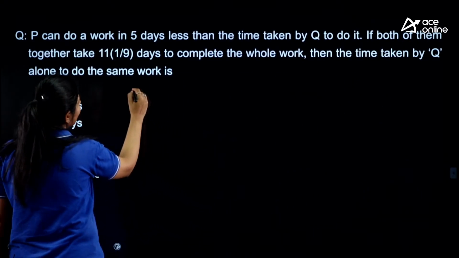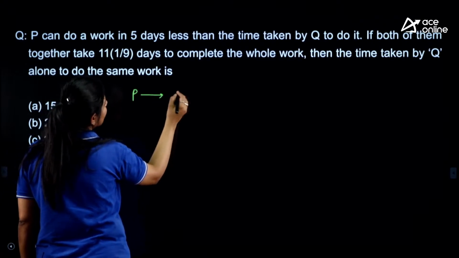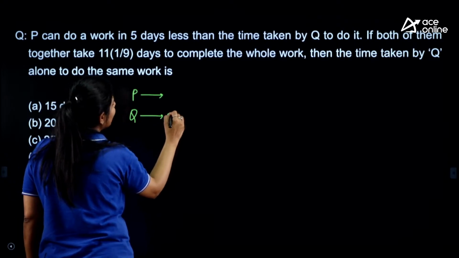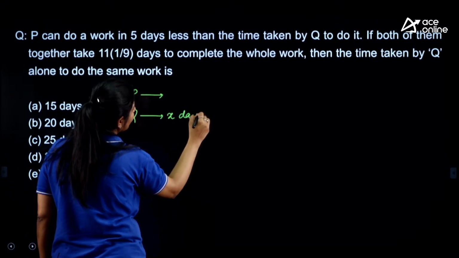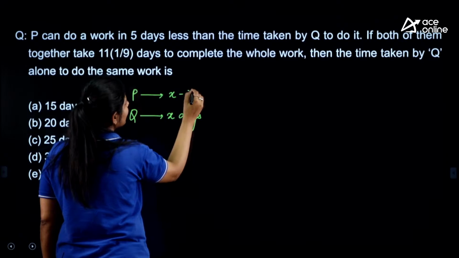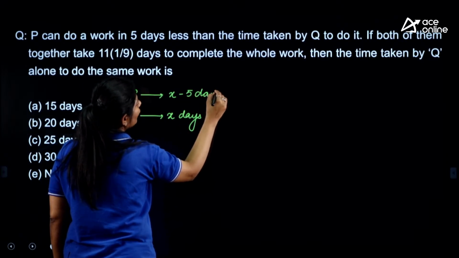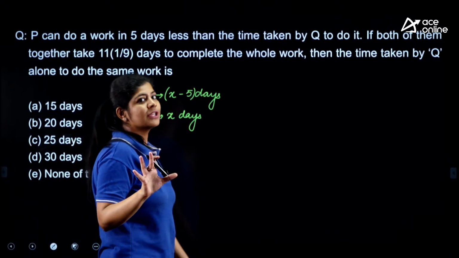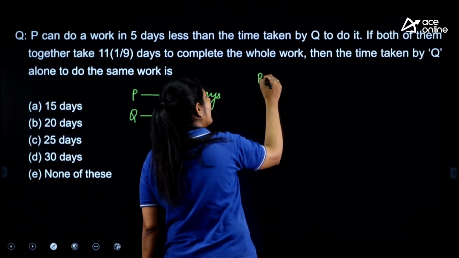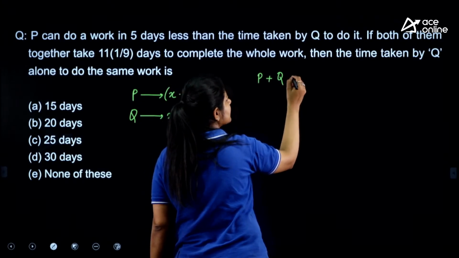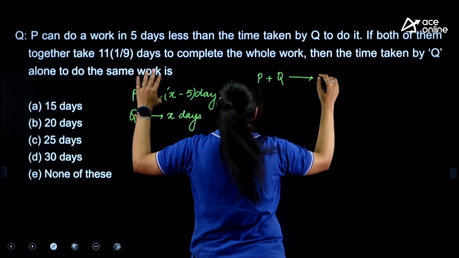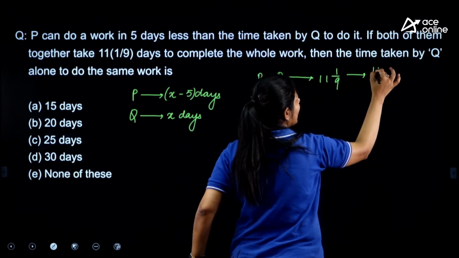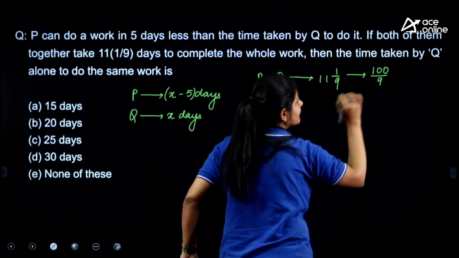So here the question is very simple. Let's suppose instead of P we will take Q. Let's suppose Q is taking X days, right? So P is taking X minus 5 days to finish the same work. But the question is saying that if they both are working together, that means P plus Q, they can finish the work in 11 1 by 9 days, or we can write it as 100 by 9 days, right?